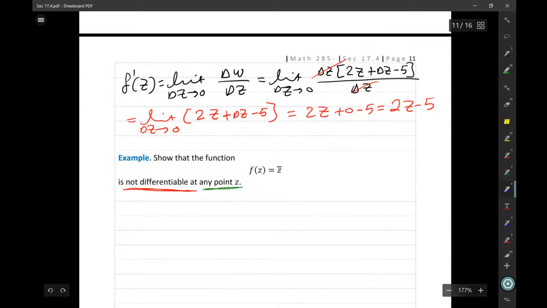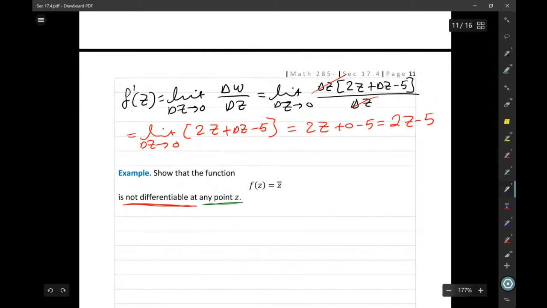First of all, I have to calculate delta w. Now delta w is f of z plus delta z minus f of z. Now f of z plus delta z is equal to what? z plus delta z, all of them conjugate, minus f of z, which is z conjugate.